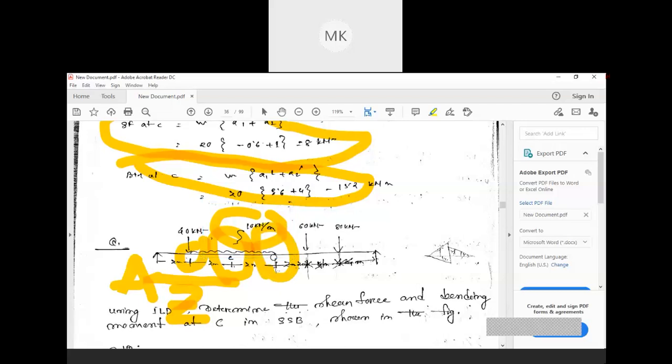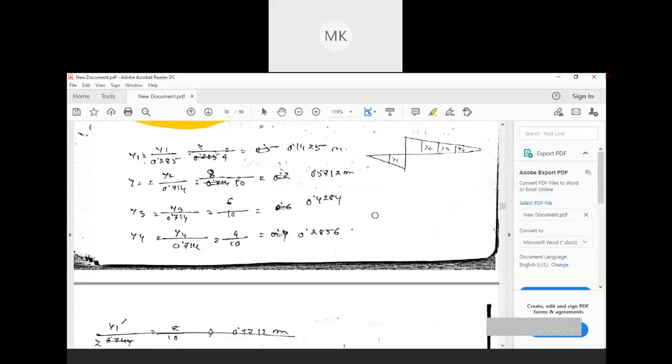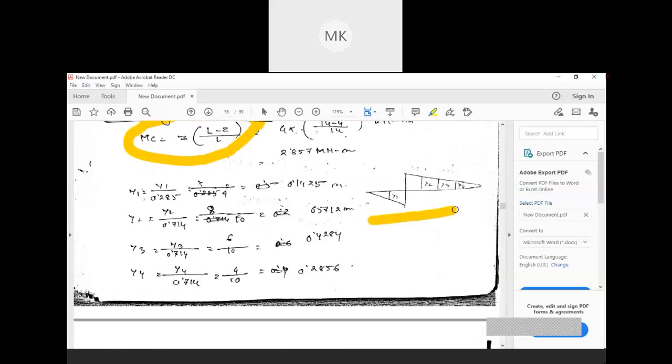For the point load applied, we need to consider 1 ordinate. Here I have drawn this, you see this drawing, Y1, Y2, Y3, Y4. Similarly, by using the similar triangle formula, you need to find out this Y1, Y2, Y3, and Y4.